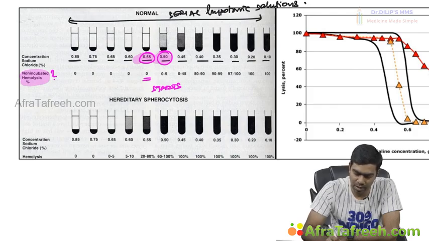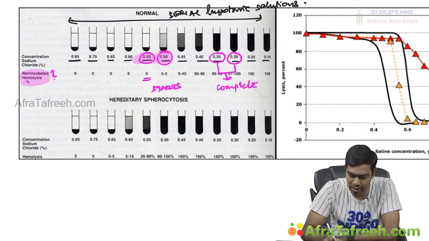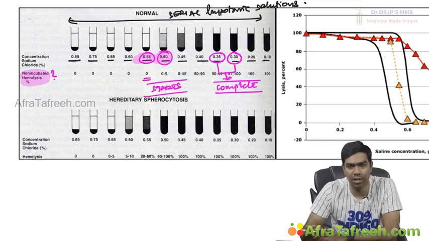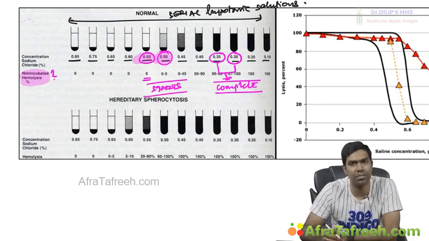You can see full black there. So hemolysis typically starts around the 0.5% mark and becomes complete by the 0.3 to 0.33% mark.